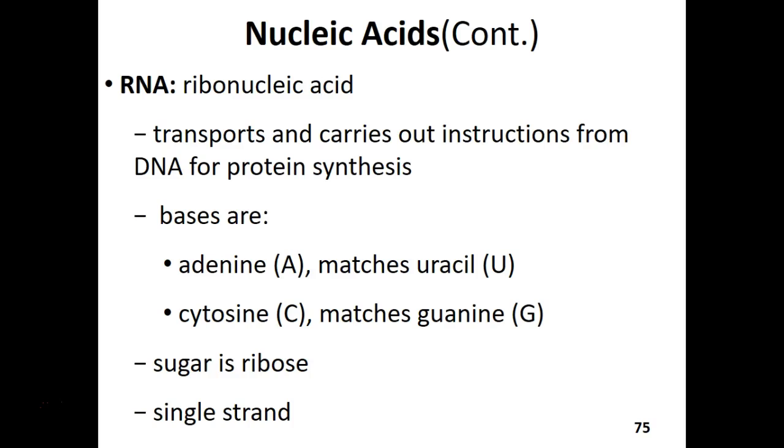DNA kind of sits back, carries the instructions, and tells RNA what to do. RNA actually is the worker. So DNA would be like the boss, the architect maybe, in the room drawing up the plans, and RNA would be the workers that actually make the building. Make sense?